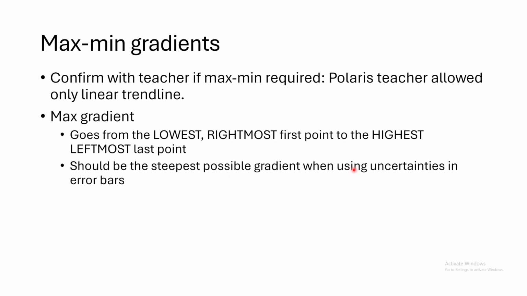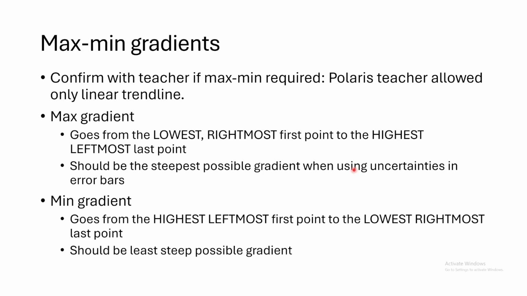So if your actual data set point could be anywhere in that area of the error bars, the max gradient should be the combination of the first data point and last data point being in the right place in the area, so that its gradient is the highest. Same thinking with the minimum gradient.